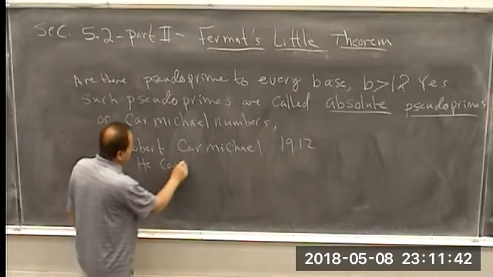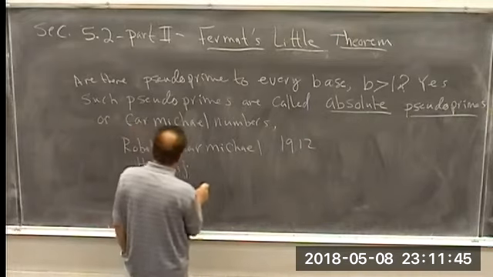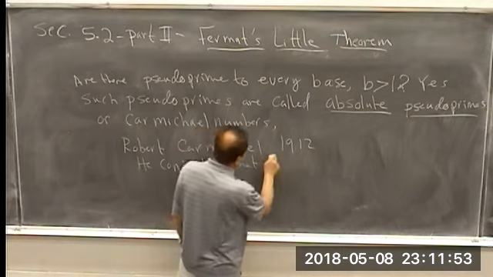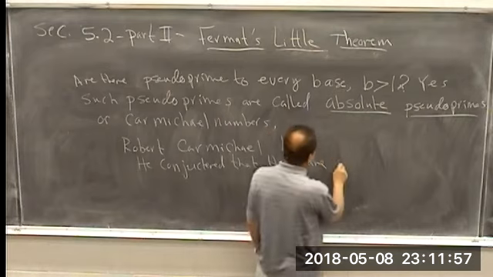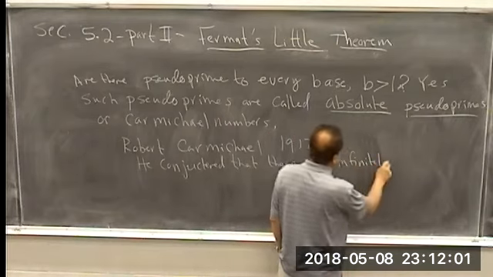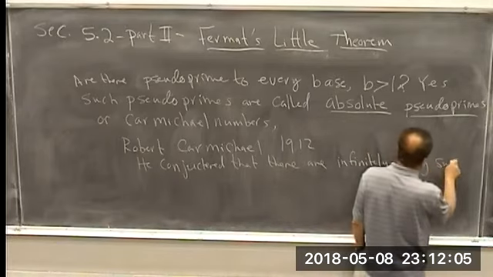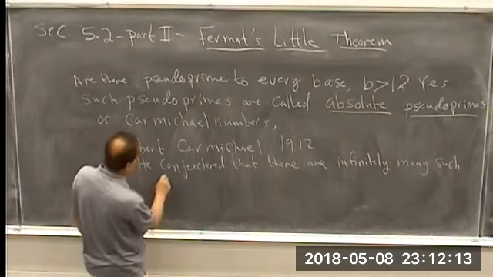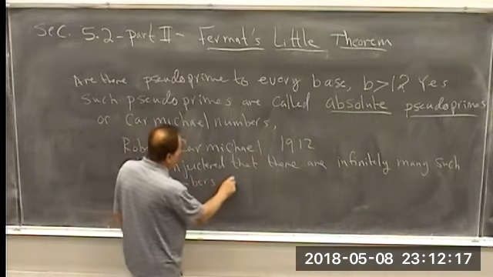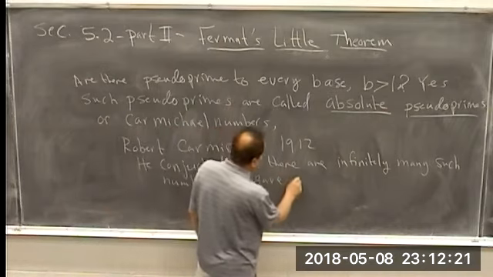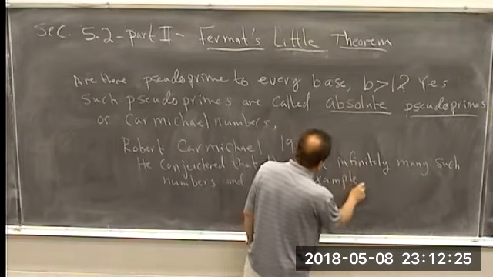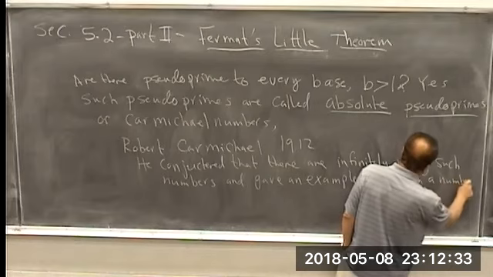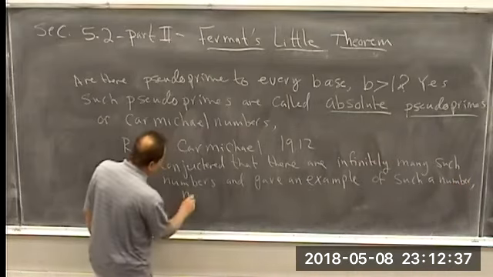He conjectured that there are infinitely many such numbers, and gave an example of such a number, which is n equal 561.